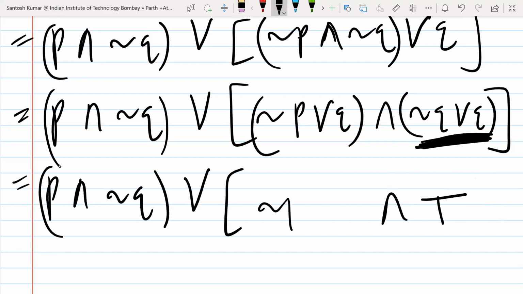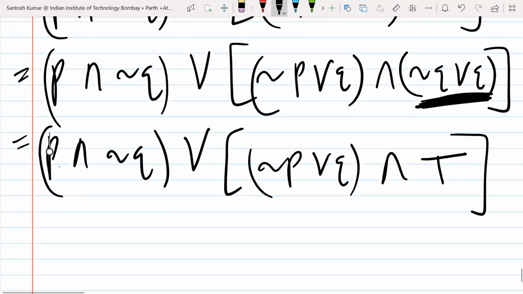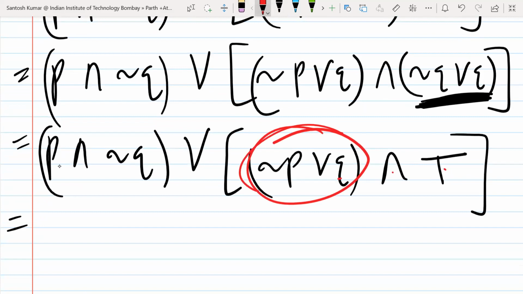So not P or Q, and true. Now it is and true. So this may be either true, so true and true is going to be true. This may be false, and false and true is false.